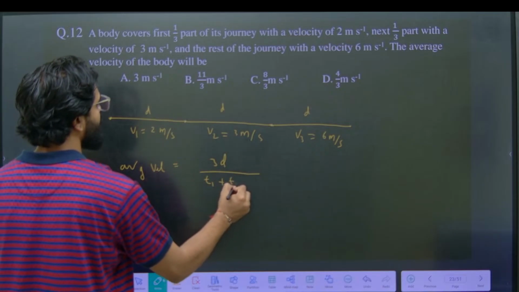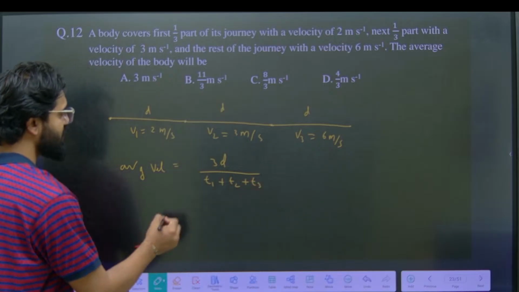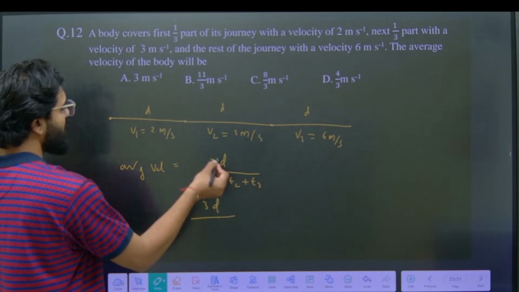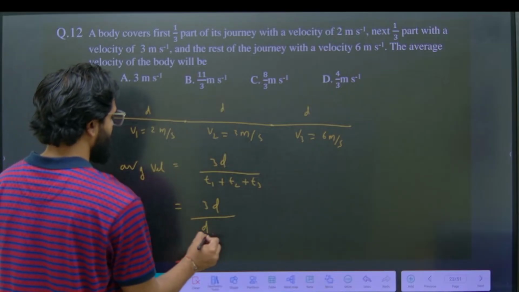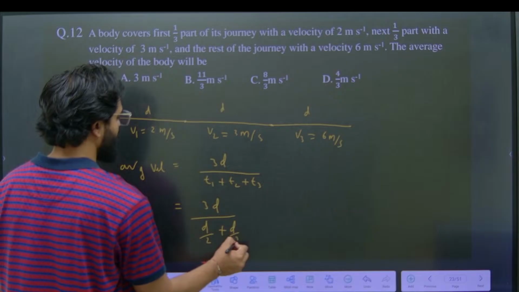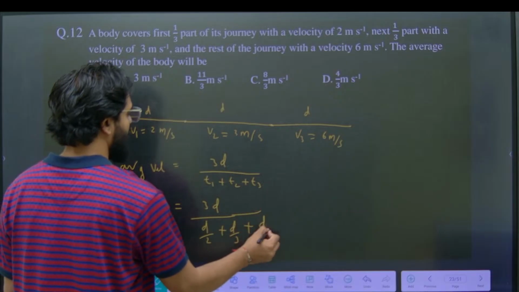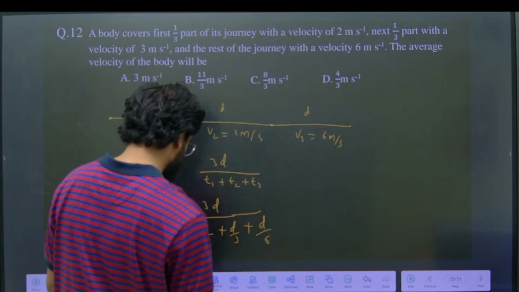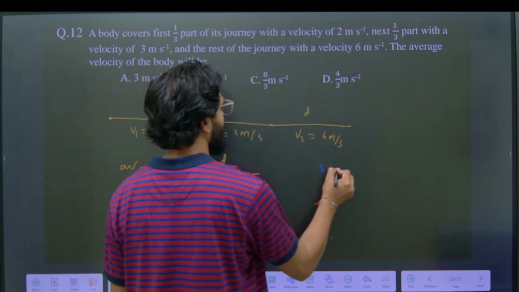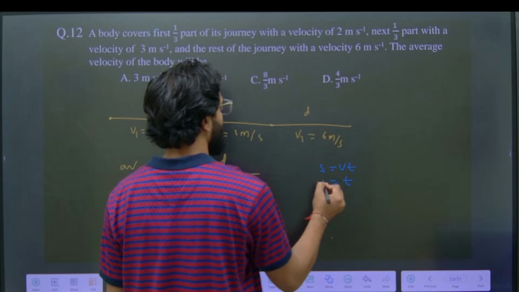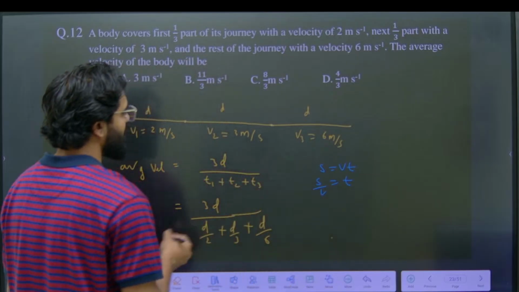T1 plus T2 plus T3, uniform motion is there. So we can write 3d. T1 can be written as S upon V. So bhai sahab, D upon 2 plus D upon 3 plus D upon 6. How we are writing this? Guys, please do not ask. Because S equals to Vt, so T can be written as S upon V. So that's how we are writing, right?